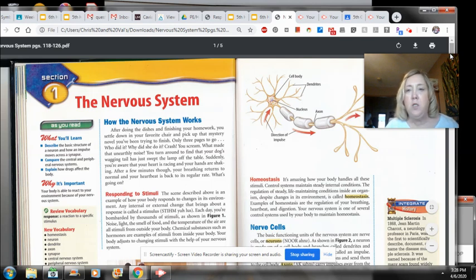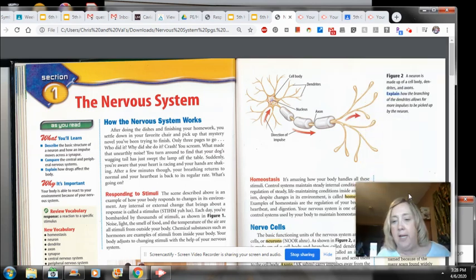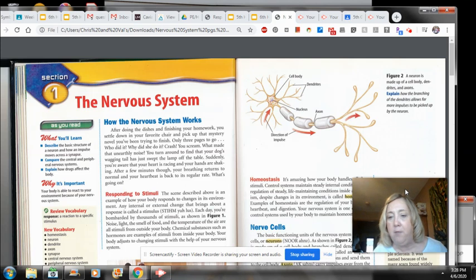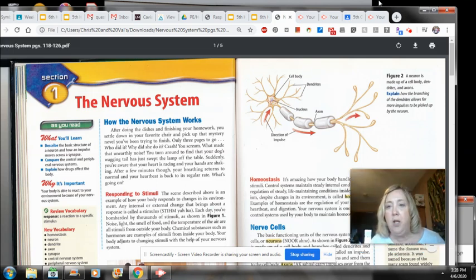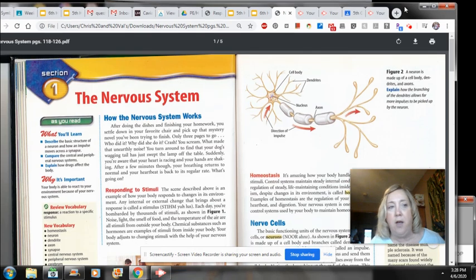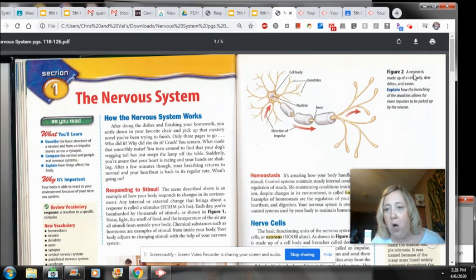All right. So if you will go over to page 119, you will see the image of the neuron. I'm going to move myself out of the way here so that the neuron is right above me. Neurons are made of several key parts. Up near the top, you should see what looks like spider webbing tentacles.